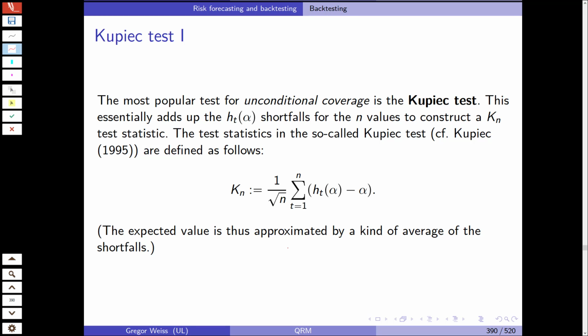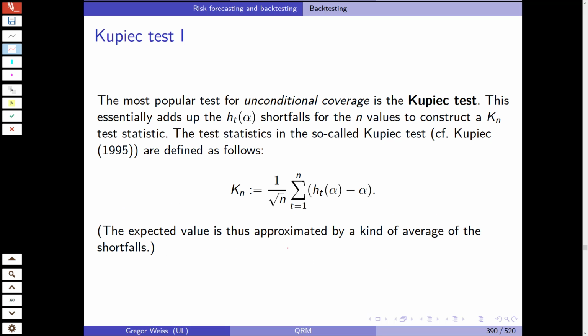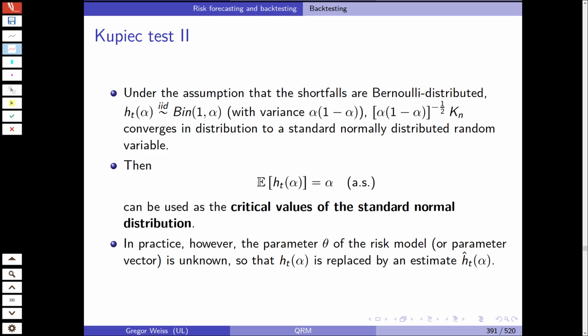And you look at these shortfalls, at these hits, and it can then be shown that this is the test statistic. As is tradition in statistics, you construct the test statistic, and to make a decision on your hypothesis testing, you need to know the distribution of Kn, the distribution of the test statistic under H0.